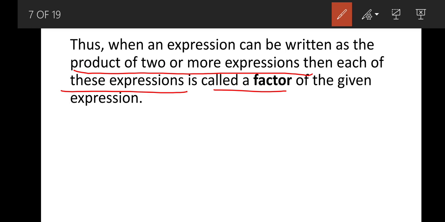Likewise, I gave you the example of 5xy. In that, 5x and y are the factors or irreducible factors of 5xy. Likewise, I gave you the example 3x into x plus 2. What are the factors of this expression? 3x and x plus 2 are the irreducible factors of 3x bracket x plus 2.